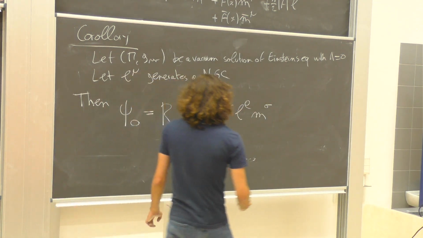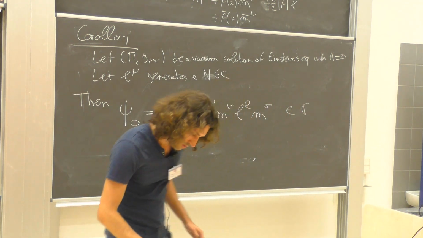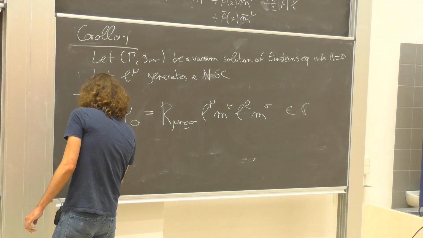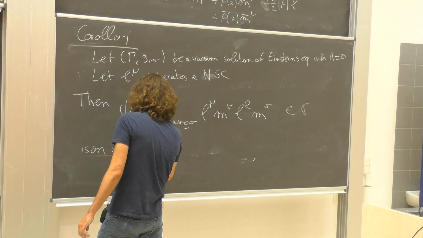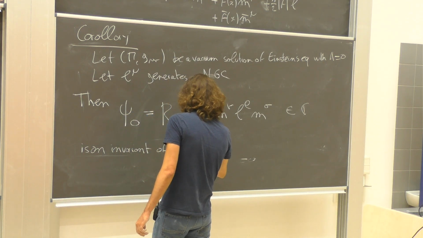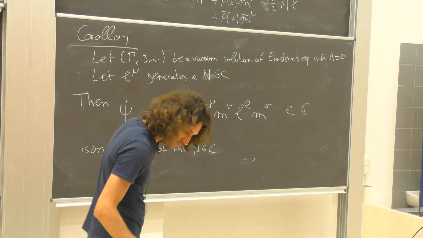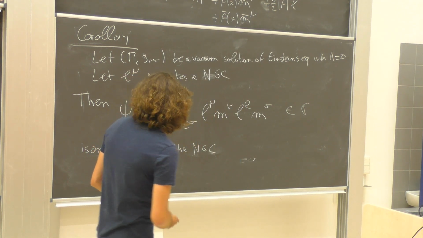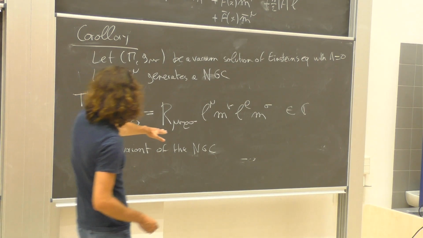This is a complex number, and it is an invariant of the null geodesic congruence. By invariant, I mean that it does not depend on the choice of M.